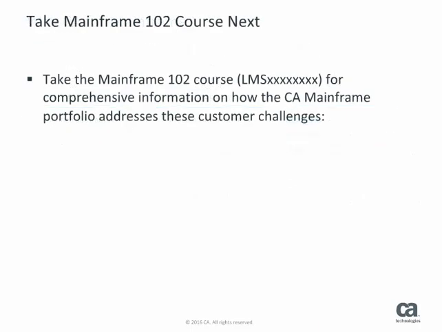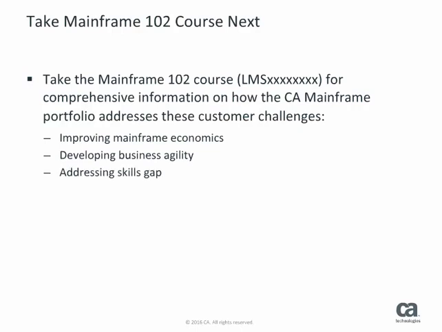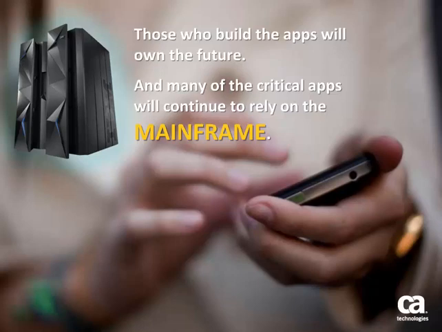You can take the Mainframe 102 course for comprehensive information on how the CA Mainframe portfolio addresses these customer challenges: improving mainframe economics, developing business agility, addressing skills gap, and securing data and facilitating compliance. Those who build the apps will own the future, and many of the critical apps will continue to rely on the mainframe.